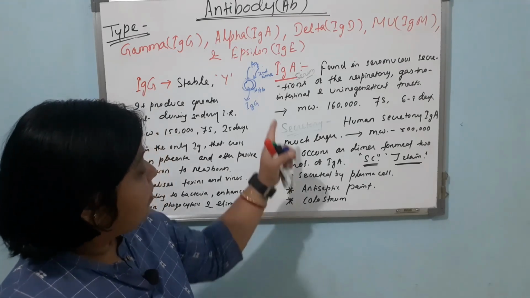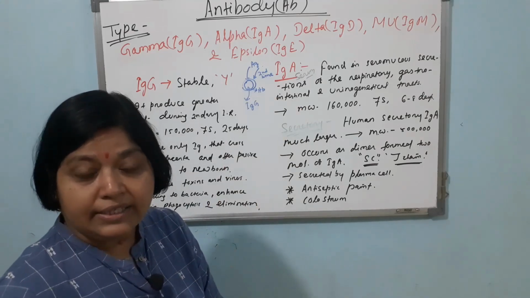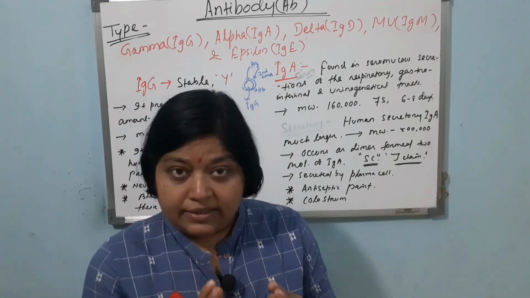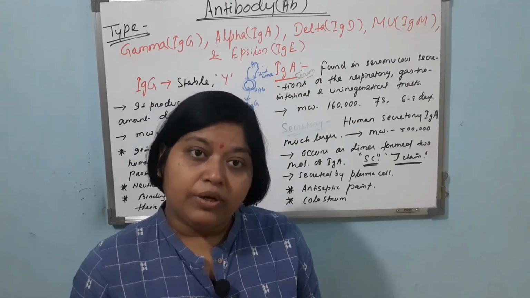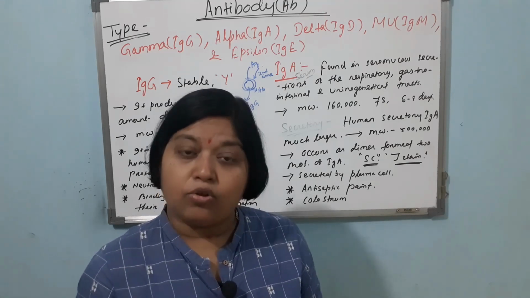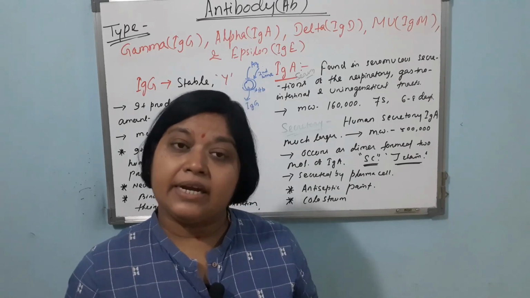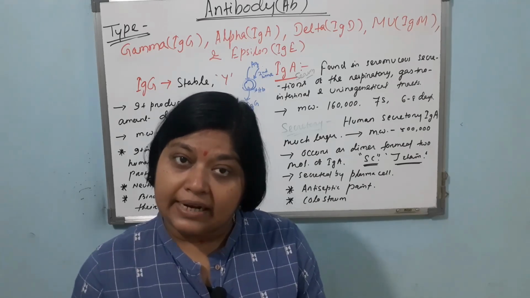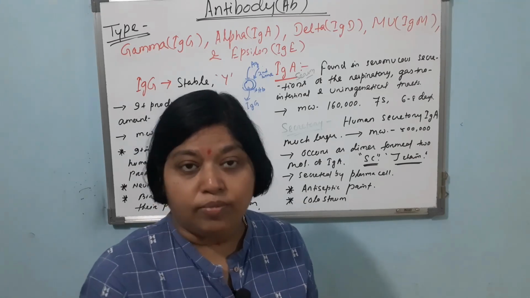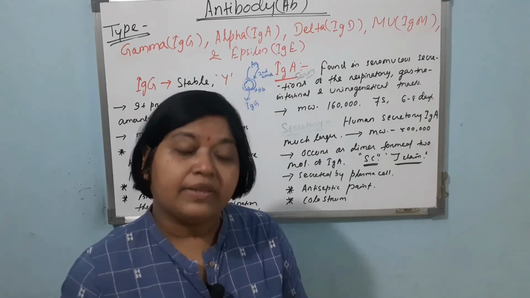Now we will discuss about the second type of immunoglobulin, that one is alpha immunoglobulin. This alpha immunoglobulin you will find in body fluid or body serum, and it can also secrete by plasma cell. When it will secrete by plasma cell, that time we can tell that alpha immunoglobulin is secretory alpha immunoglobulin.